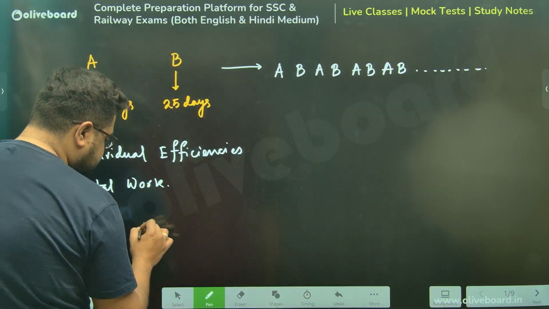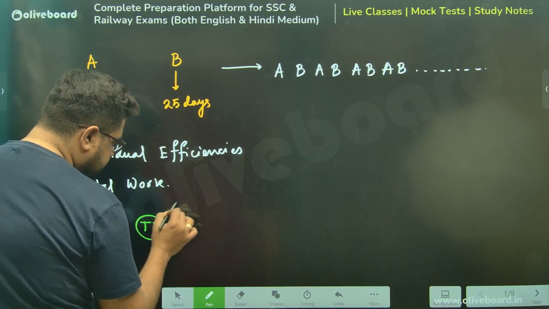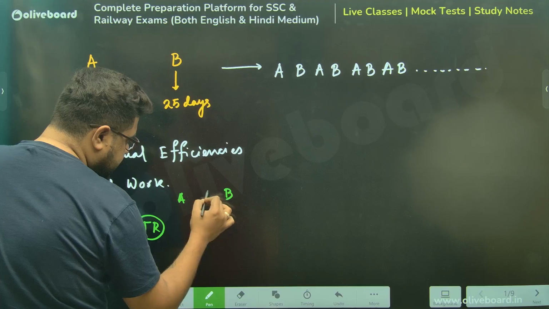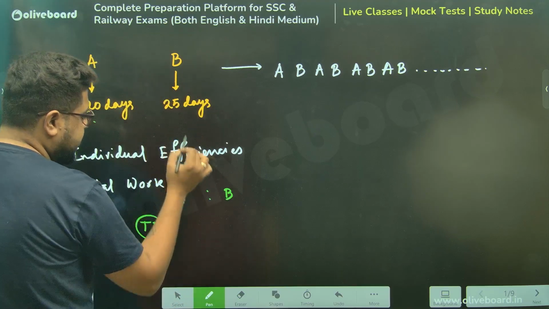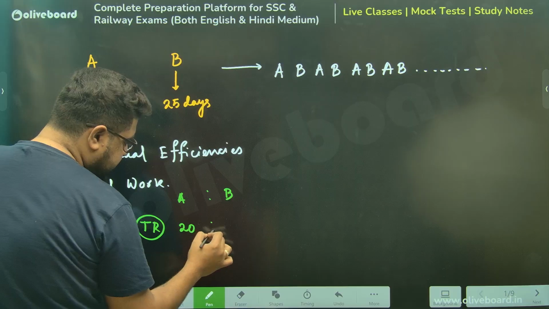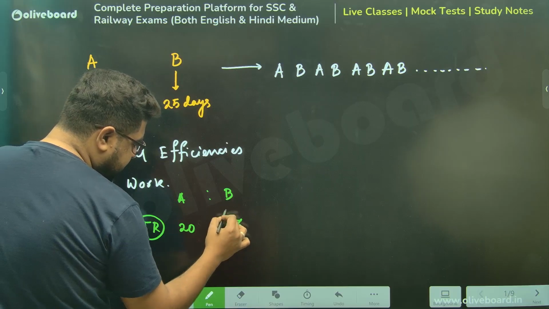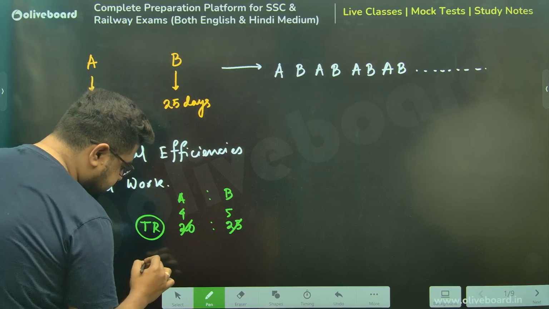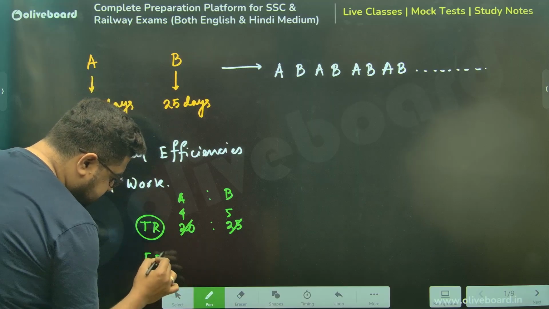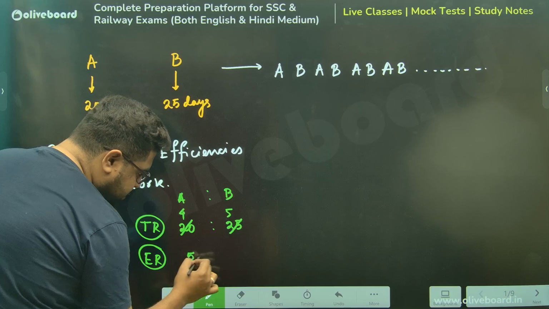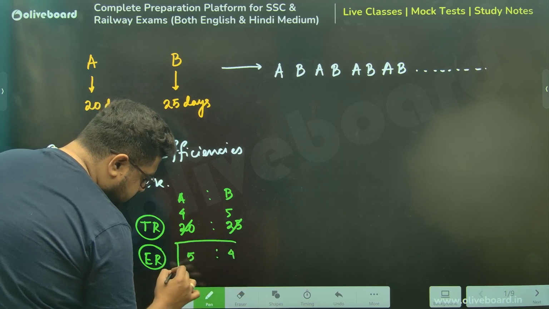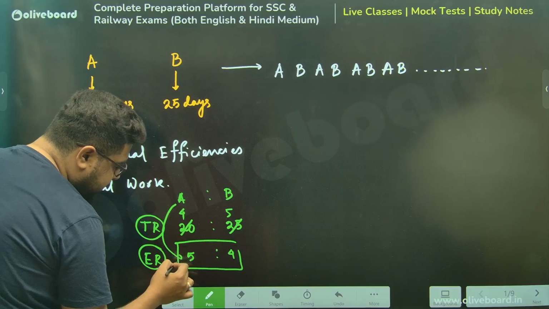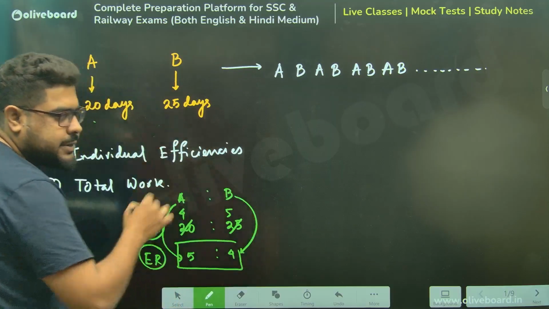How to do that? The time ratio between A and B is given as 20 to 25, meaning 5 fours are 20, 5 fives are 25. So the efficiency ratio is the opposite: 5 is to 4. Meaning A can do 5 units a day and B can do 4 units a day.